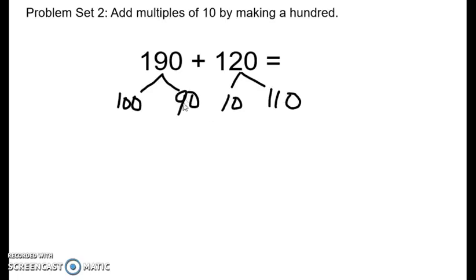Now, I'm going to combine my 90 plus my 10 to make 100. And now I can count out my answer. So here I have 100, 200, 310. So 190 plus 120 equals 310. I was able to use a number bond to help me make another 100 so that I could very easily count out my answer using hundreds and tens.